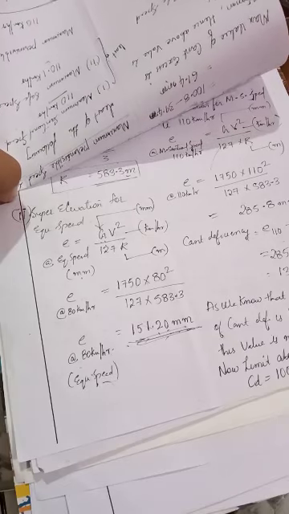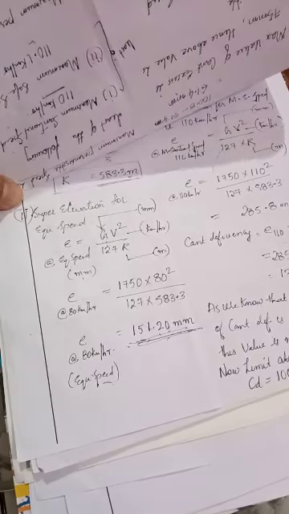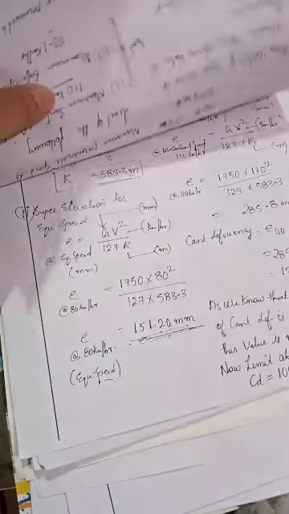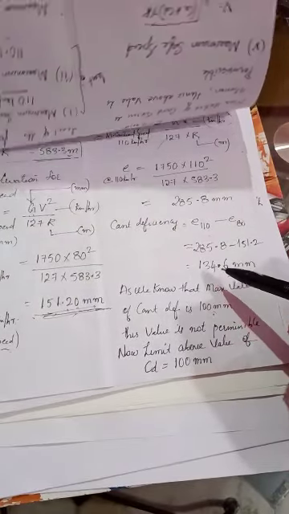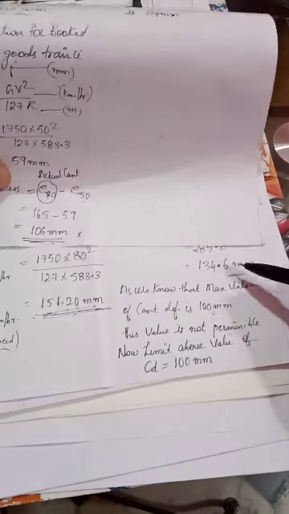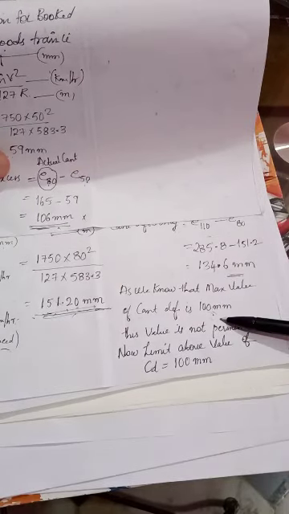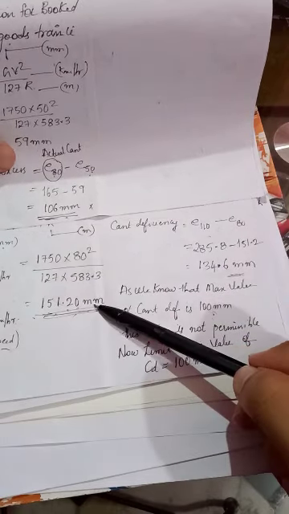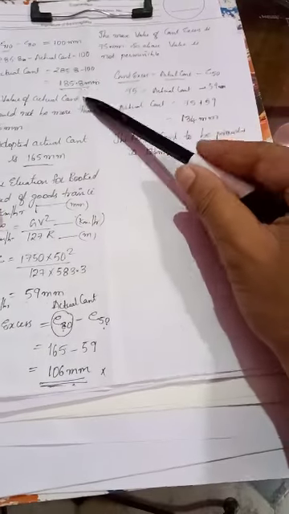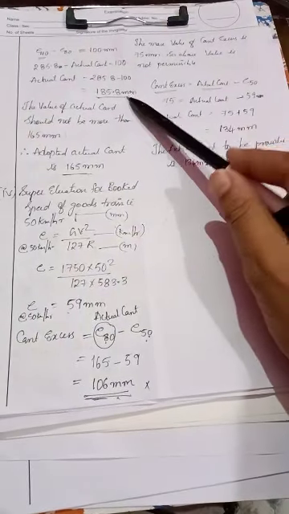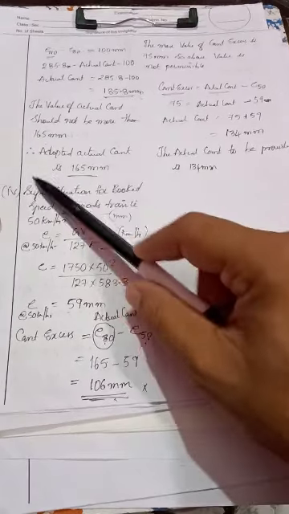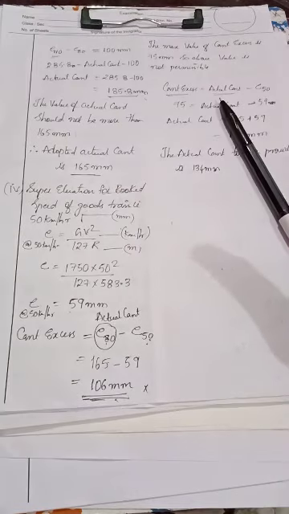But here, as the cant deficiency exceeded the limit, look at our cant deficiency, 134.6 mm. This value exceeded 100 mm. So again this 151.20 changed to 185.8 mm. But the maximum value of actual cant was 165. So finally we adopted actual cant as 165 mm.